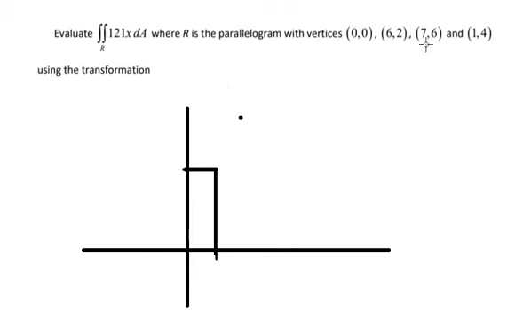The next point is about 6, 2. So 6 in here, 2 in here. The next one, 7, 6. So somewhere in here and here.